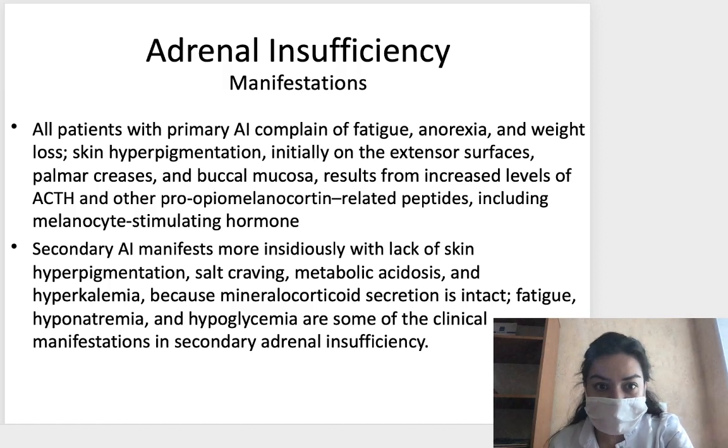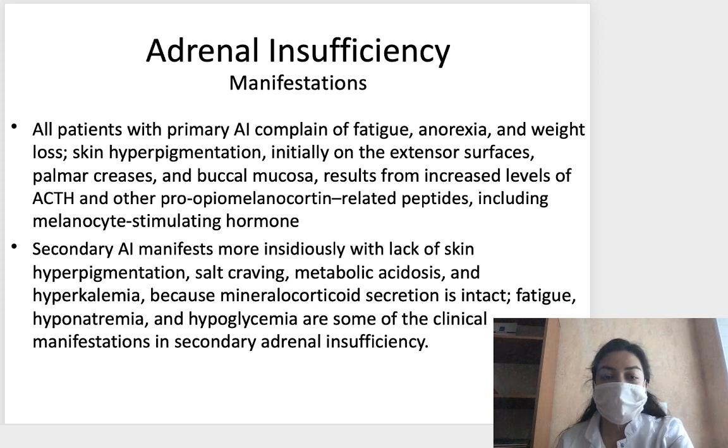Manifestations of adrenal insufficiency: in the primary case, patients complain of fatigue, anorexia, weight loss, and skin hyperpigmentation, initially on extensor surfaces, palmar creases, and buccal mucosa, resulting from increased levels of ACTH and other pro-opioid related peptides, including melanocyte-stimulating hormone.